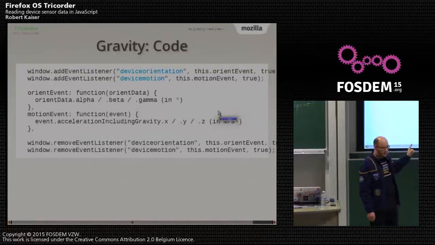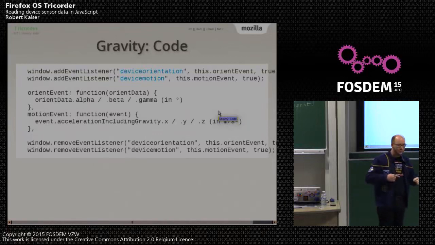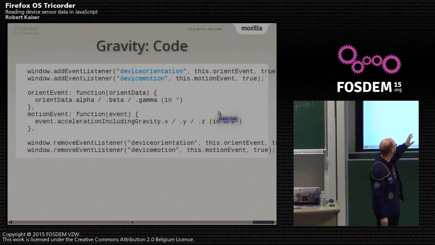The directions of those angles, there's a pretty good page on MDN that describes how those work, which directions those are. So it's best to look them up there, because it would take a longer time to describe that here. It's better to look it up. They have graphics to illustrate things like that.